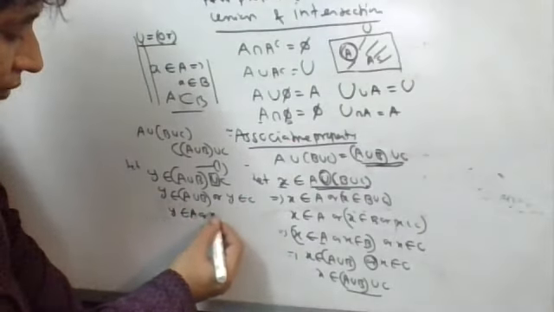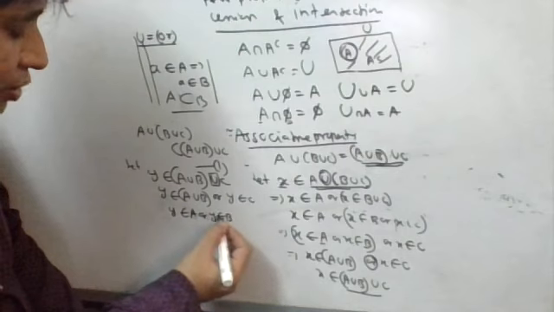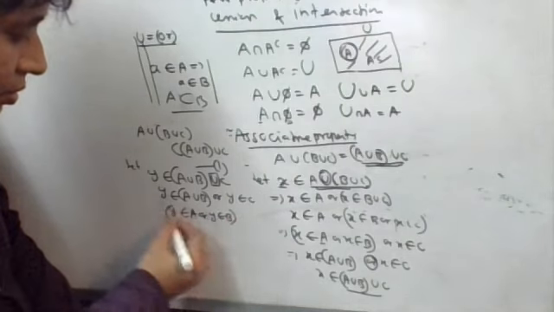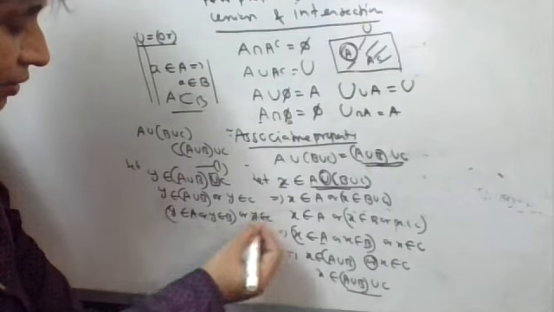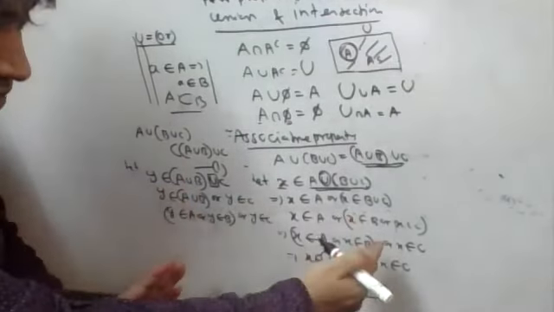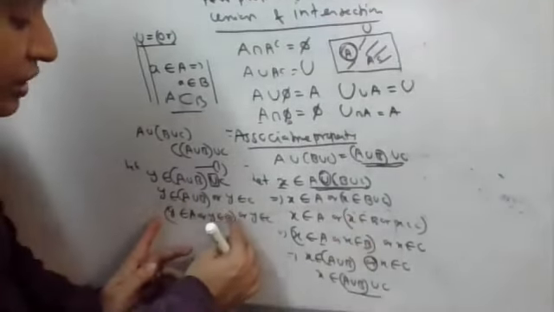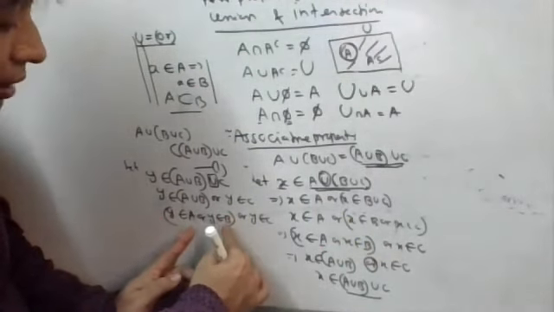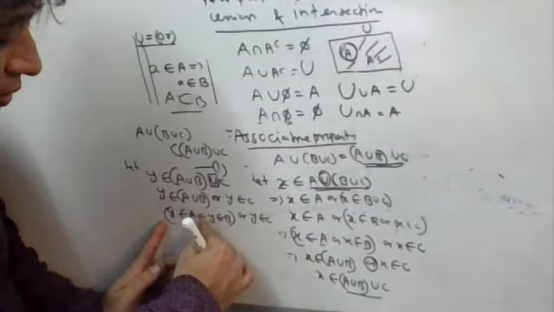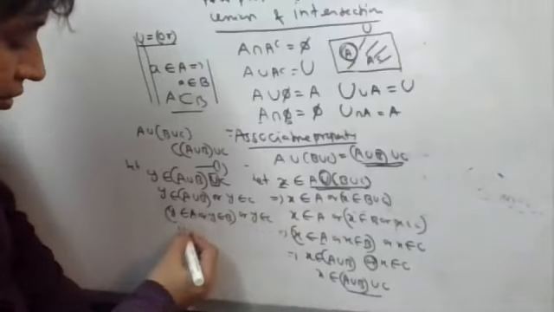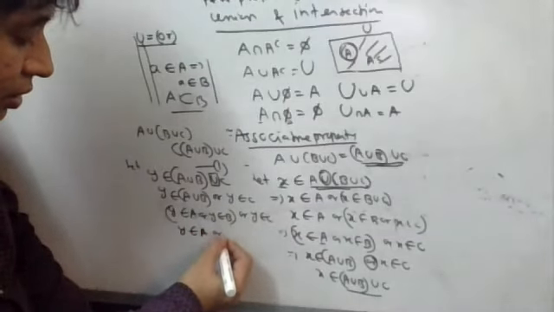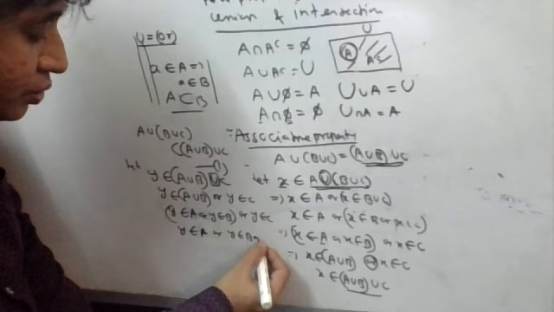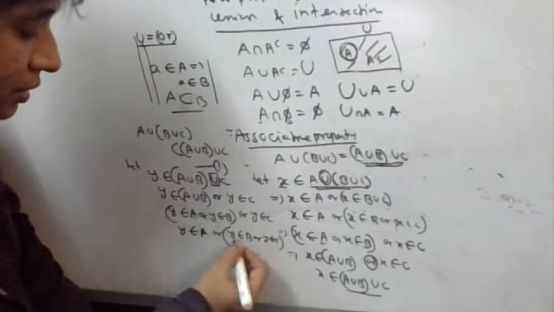Y belongs to A or Y belongs to B, or Y belongs to C. Now, like the previous procedure, skip this bracket. Y belongs to A or Y belongs to B or Y belongs to C.